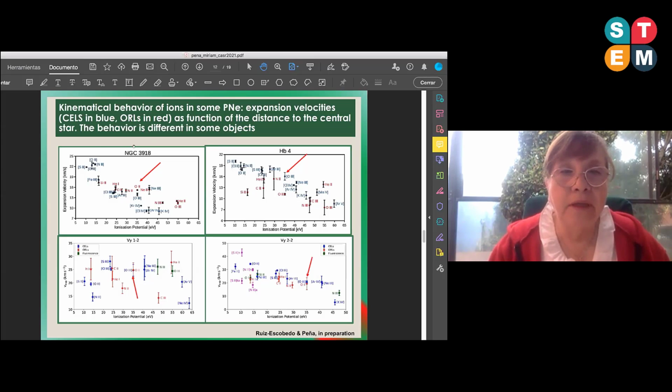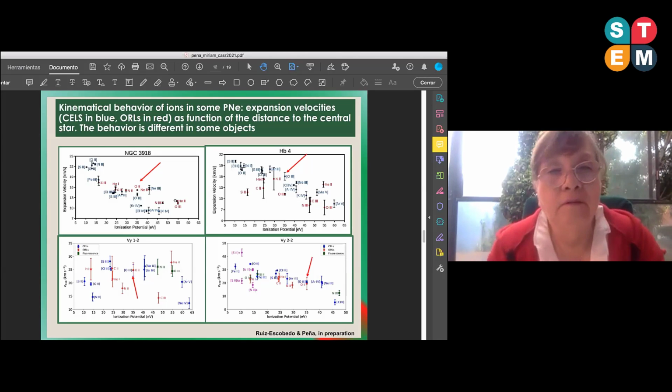And the same is found in this other planetary nebula, NGC 3918. We have the gradient in velocities from the collisionally excited lines and a much flatter gradient from the optical recombination lines.